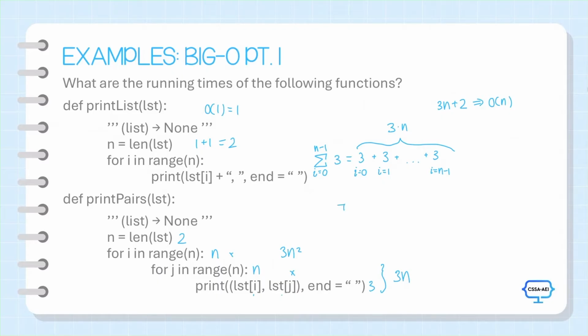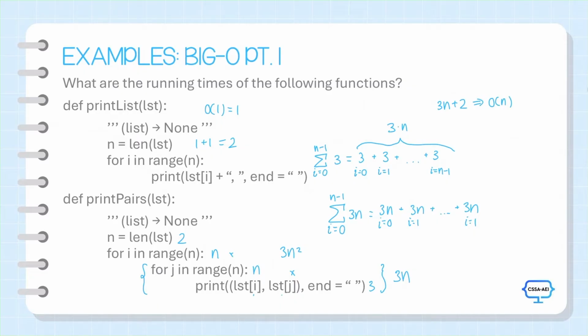And then we're going to loop through that again for our outer for loop. Because we're going to run this process that takes 3n operations n times. So when i equals 0, we're going to get 3n, plus i equals 1, 3n, plus 3n.